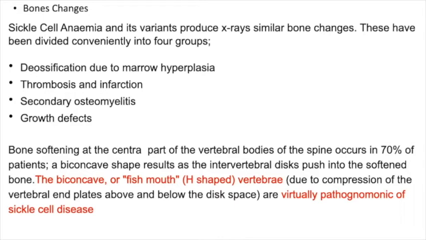So you have to take a closer look at this sign, the biconcave or H-shaped vertebra.